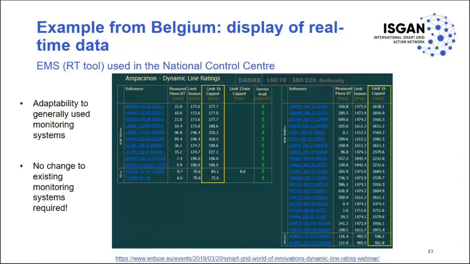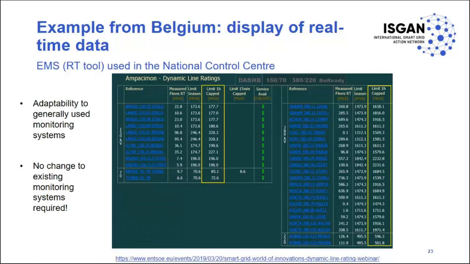So you see the transmission lines of ELIA are shown here by voltage level. It's not very clear, but you see on the top left 150 kV, and then below 70 kV, and on the right 380 kV and 220 kV.